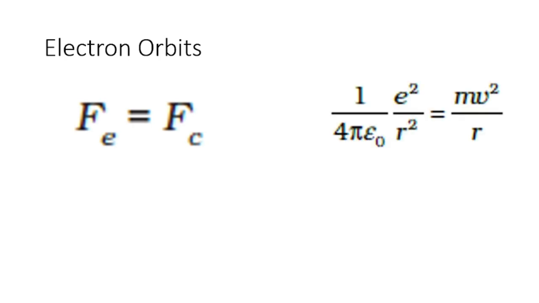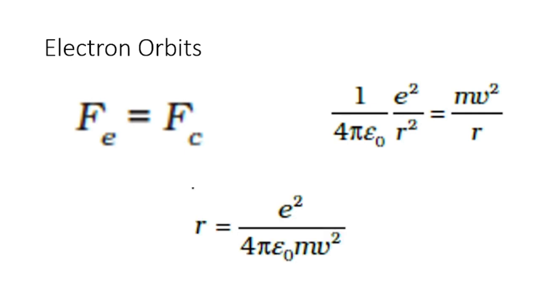This is explained with this equation: the electrostatic force of attraction, Fe, between the revolving electrons and the nucleus is balanced by the centripetal force, Fc, to keep the electrons in the orbit. Therefore, we equate the two: 1 upon 4 pi epsilon naught times e square by r square equals m v square divided by r, the centripetal force.